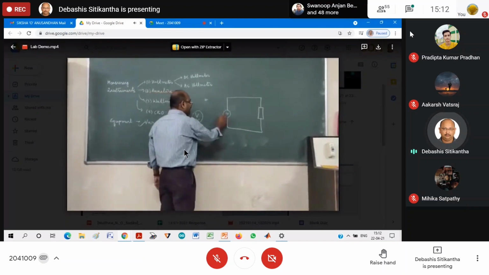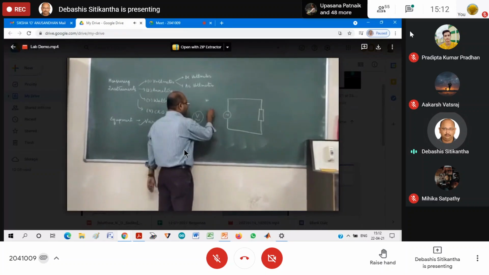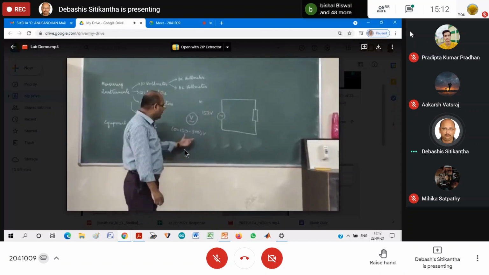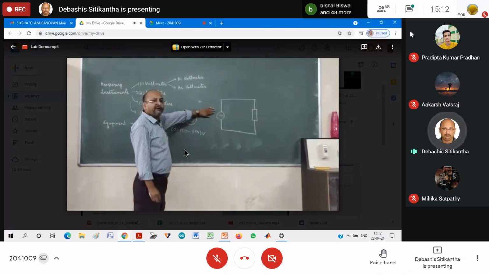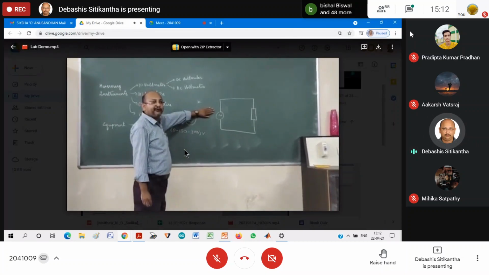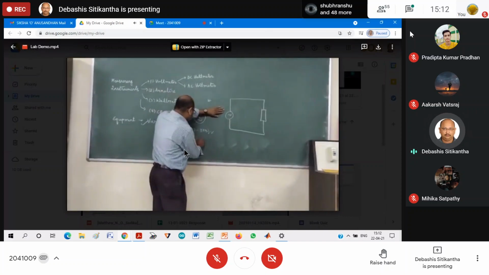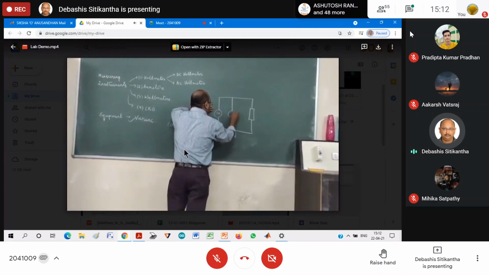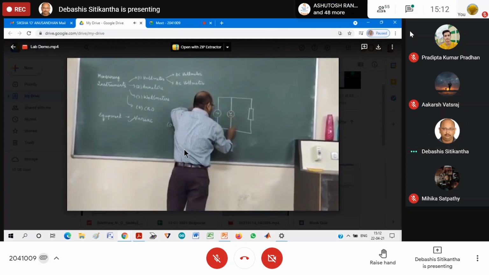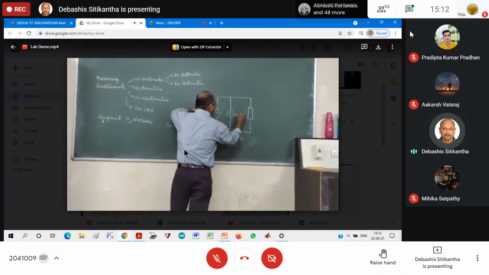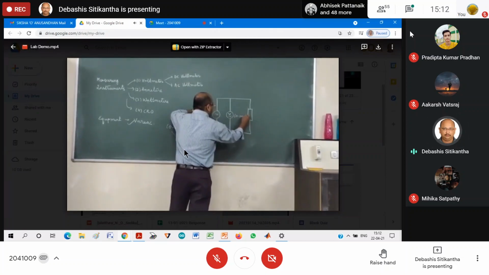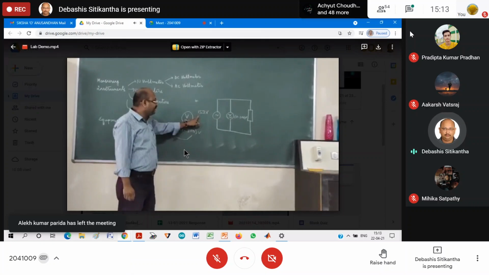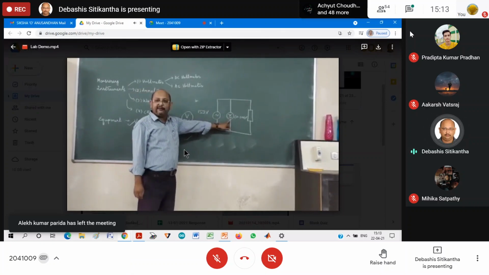Suppose this voltage source is producing 152 volt. I don't know whether it is 152 or 252. So I will first choose the higher range, from 0 to 300 volt. In this way, even if it is greater than 152, the voltmeter is not going to get damaged.